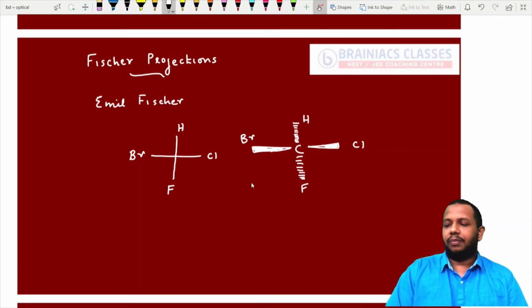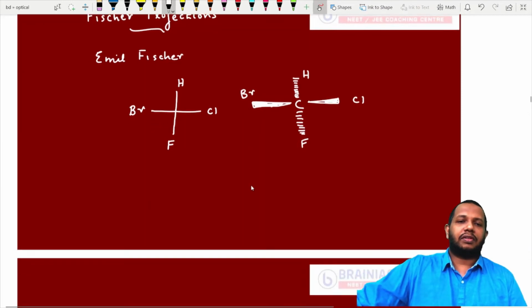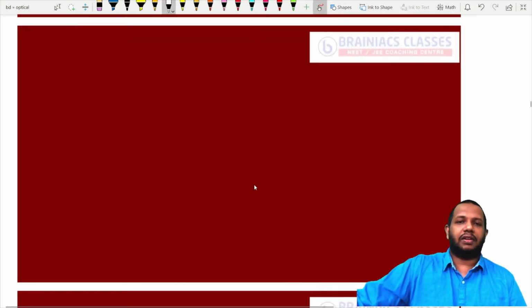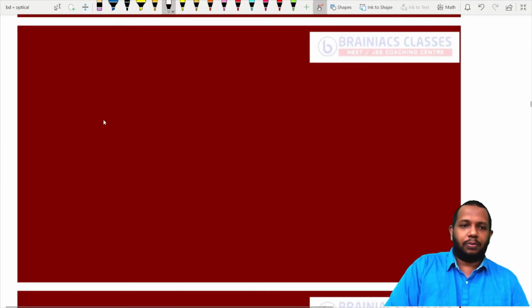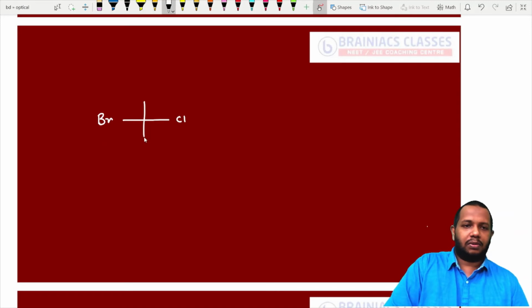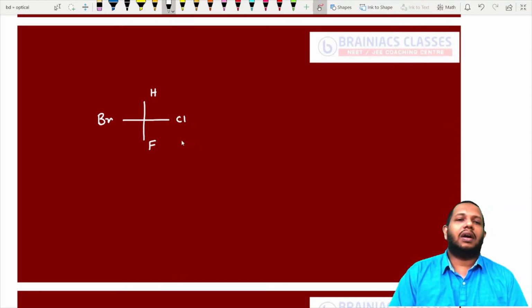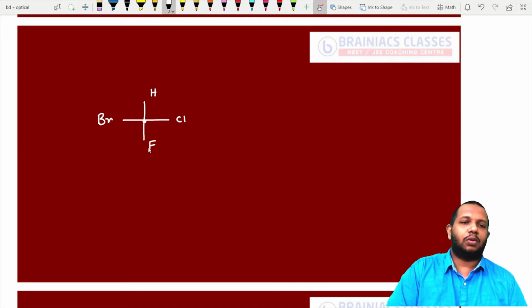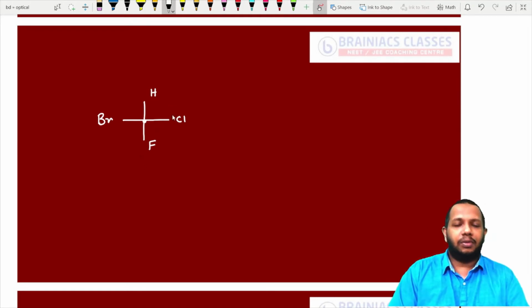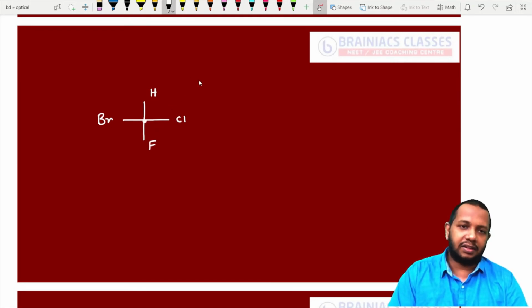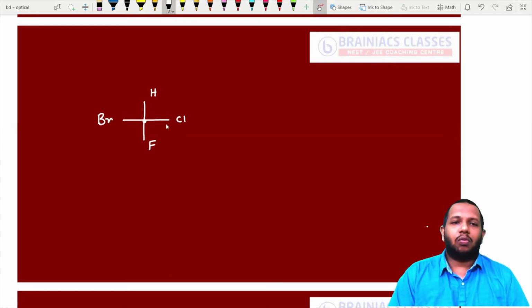Now let us see, whenever you are given Fischer projections, how will you find R and S configuration? That is very important. Suppose you are given a question like this: bromine, this is chlorine, hydrogen here, and fluorine is present like this. How will you check which configuration this is? Here I am telling you a different technique rather than the wedge and dash one.